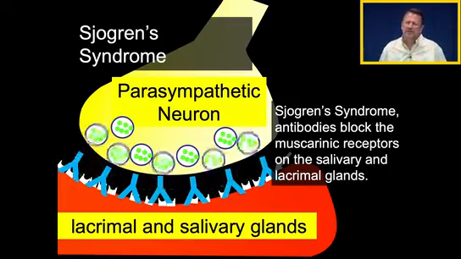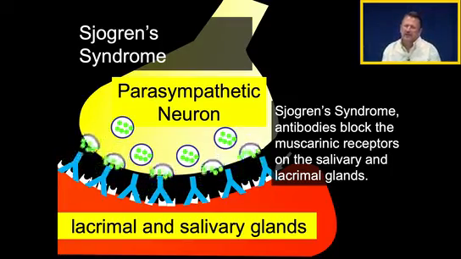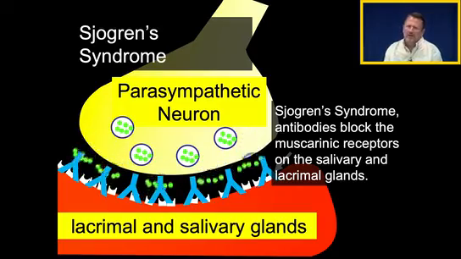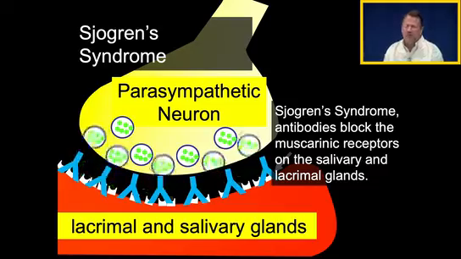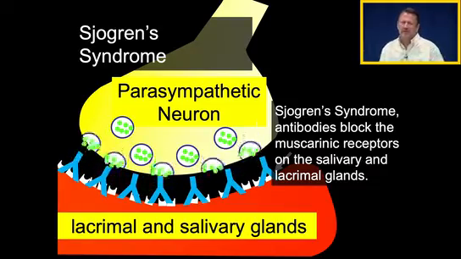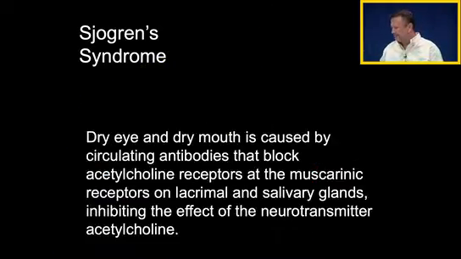Sjogren syndrome is something interesting to read about. Those antibodies will block the muscarinic receptors on the salivary and lacrimal glands. It gets far more complicated than this, but this is a great place to start. So Sjogren syndrome causes dry eye and dry mouth, quite simply from circulating antibodies that block the muscarinic receptors on lacrimal and salivary glands, therefore inhibiting the effect of the neurotransmitter acetylcholine.